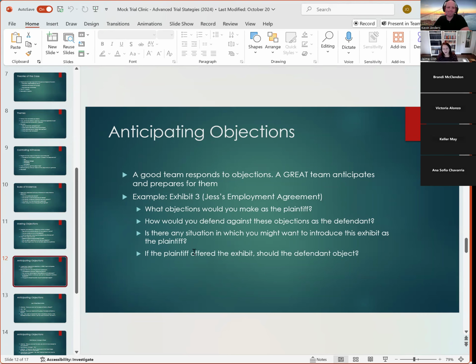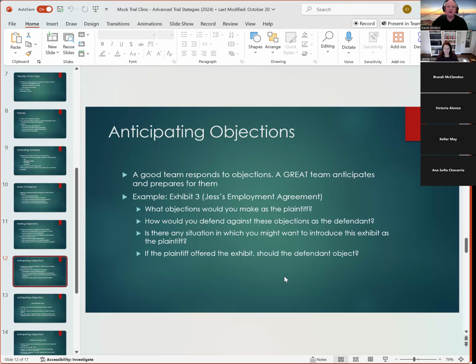So then there's just some other thought exercises here. Like, are there any situations in which Jess might want to actually introduce that exhibit? There could be. So here's something that I've seen done that some of the more successful mock trial teams have done: they will basically pre-admit that at the beginning of trial.